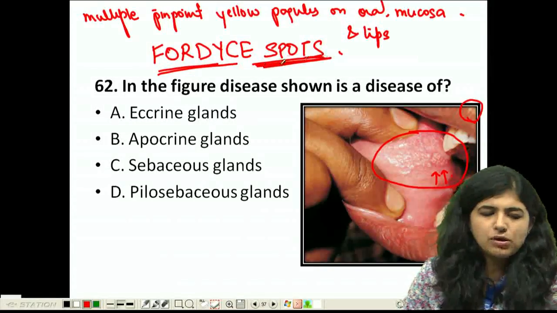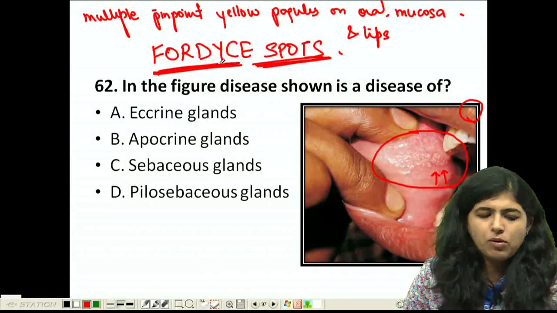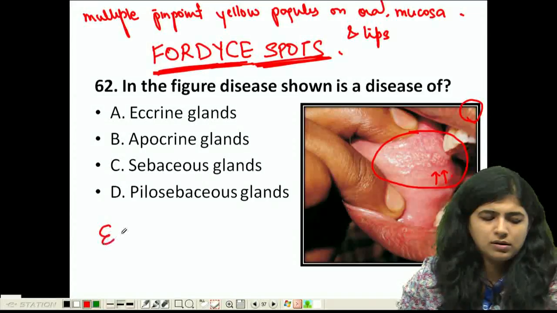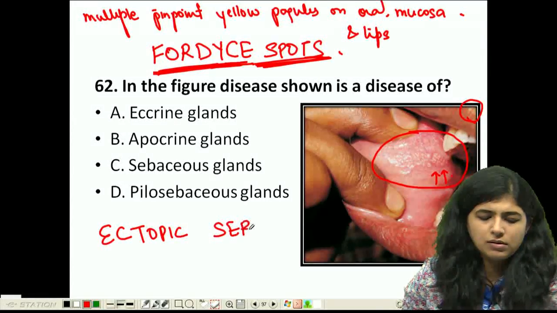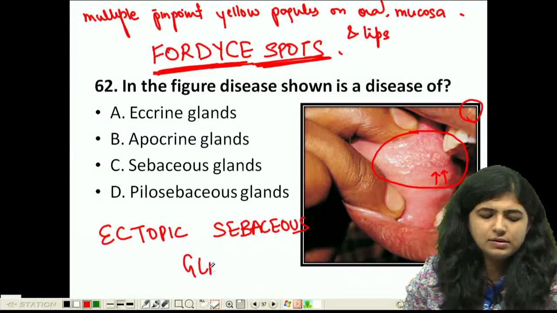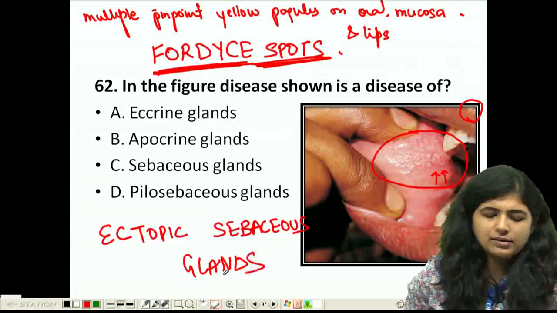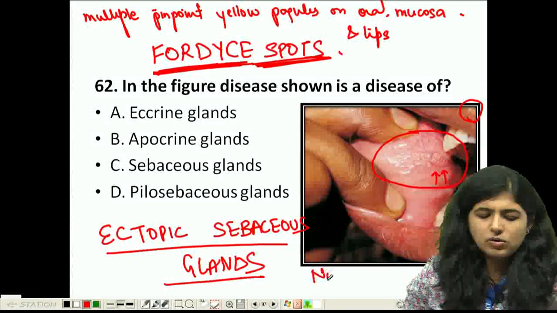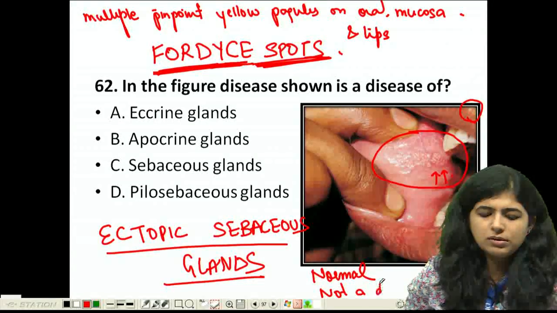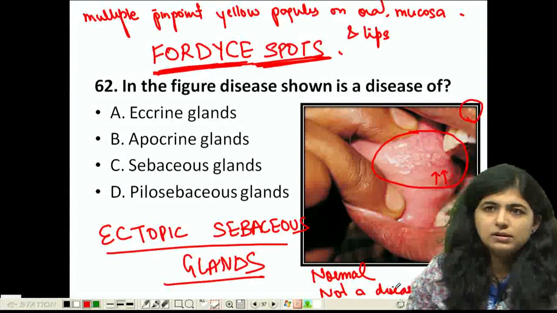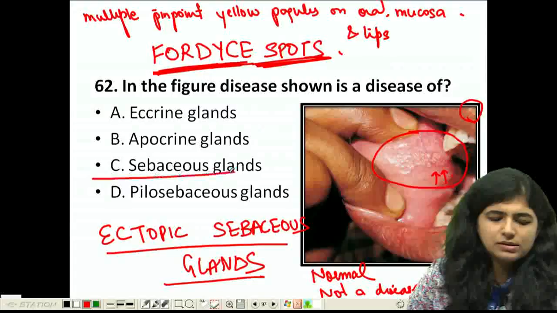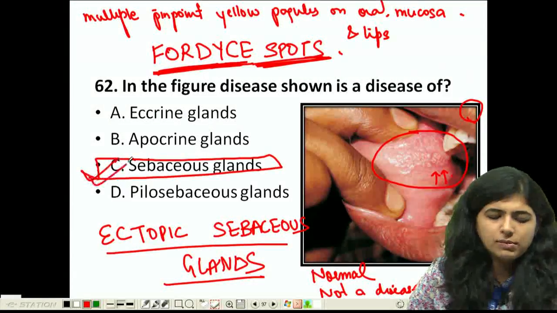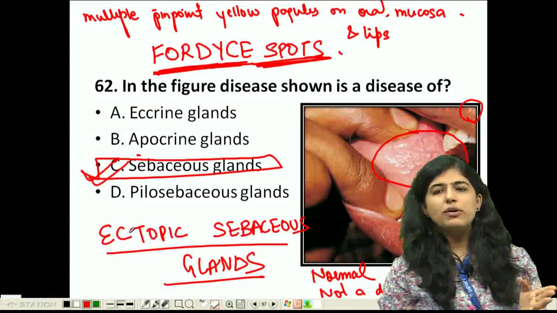Now what are Fordyce spots? Fordyce spots are ectopic sebaceous glands. This is a normal finding. It is not a disease. It's a normal finding. This is an ectopic sebaceous gland. Clear to everyone?